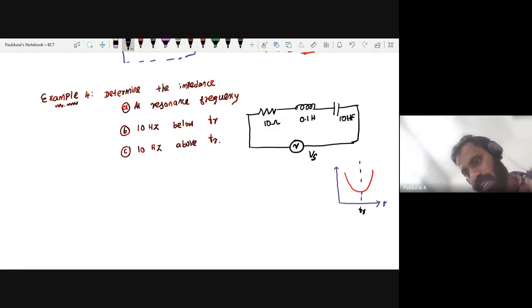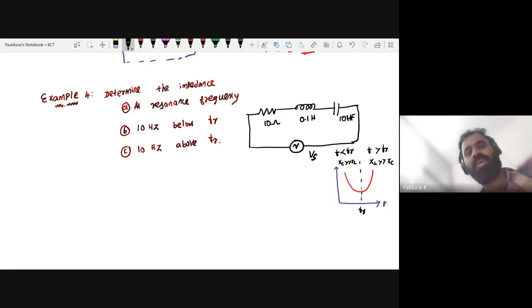In the range below it, frequency is less than resonance frequency, and here XC is very much greater than XL. Here F is greater than FR, and XL is very much greater than XC. To realize this concept, I have chosen this problem.